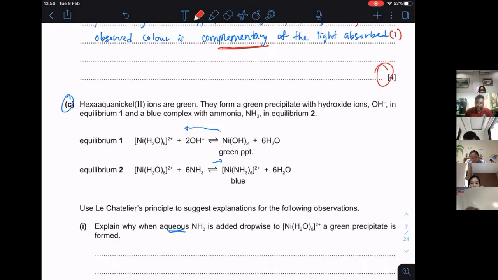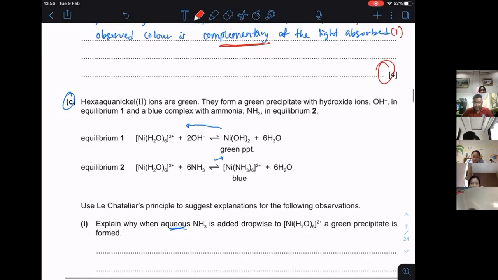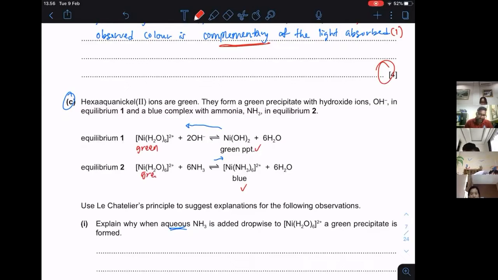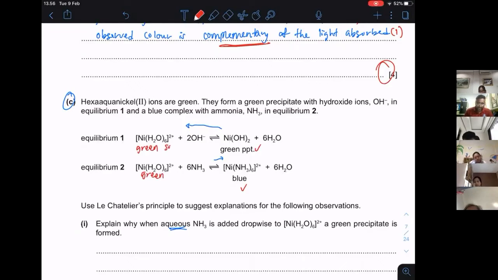So this is hexa aqua nickel, and both of them are green. They didn't write it down, but it's a green solution, not a precipitate. But this one is a green precipitate, and this is a blue complex. I think it's still a solution.